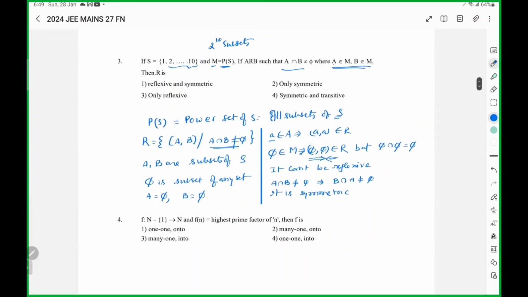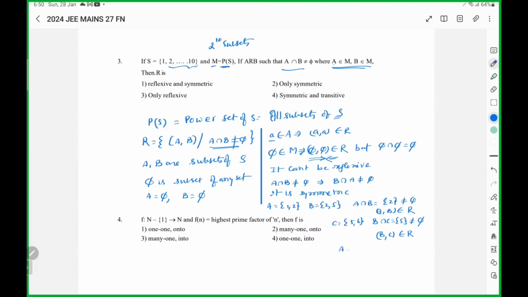Now, whether it is transitive or not: if I take A as one subset {1, 2}, and B such that A intersection B will be {2}, which is not empty, that means (A, B) is there in the relation R. If I take C as {5, 6}, B intersection C is {5}, which is not an empty set, so (B, C) belongs to the relation.